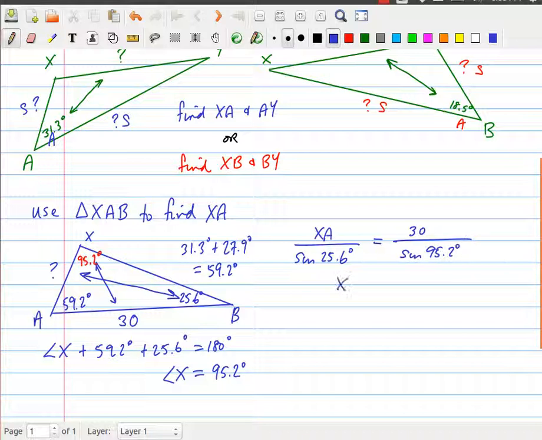That means that XA is equal to 30 times the sine of 25.6 degrees divided by the sine of 95.2 degrees. So XA is approximately equal to 30 times the sine of 25.6 divided by the sine of 95.2. And that gives me an answer of 13.0161.